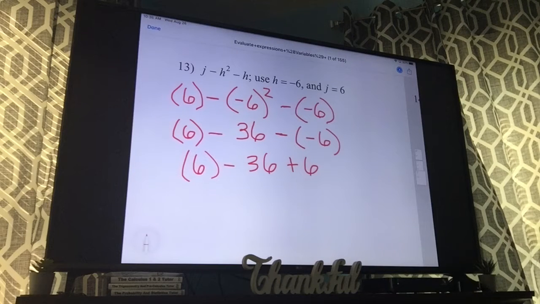Okay, so 6 minus 36 is going to be negative 30, plus 6, which is going to be, I want to say, negative 24. Negative 24. Okay, so whenever you're working with negatives, squareds, if there's already negatives in the problem, like the H was negative, use parentheses. I'm telling you, you will screw it up.